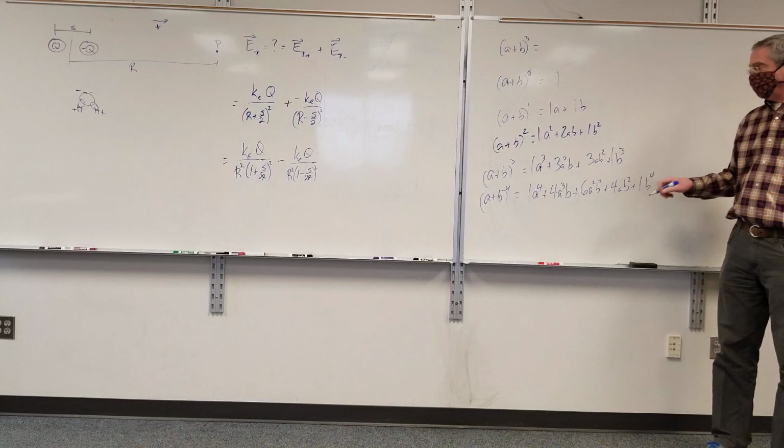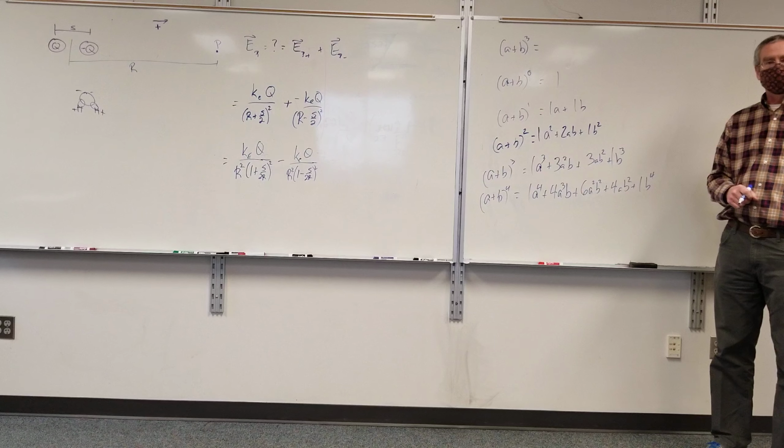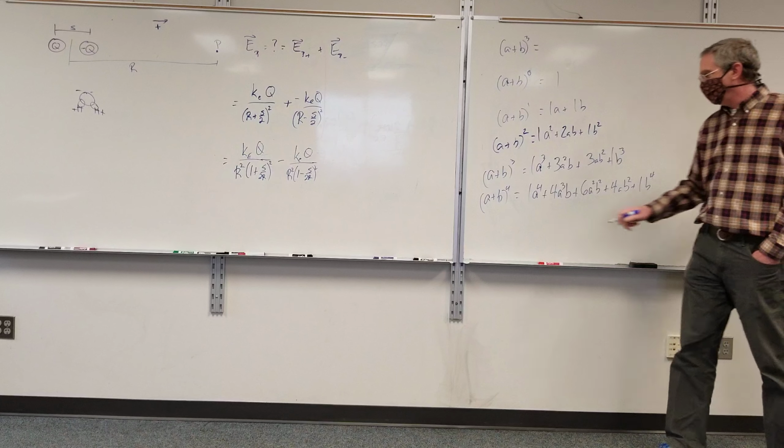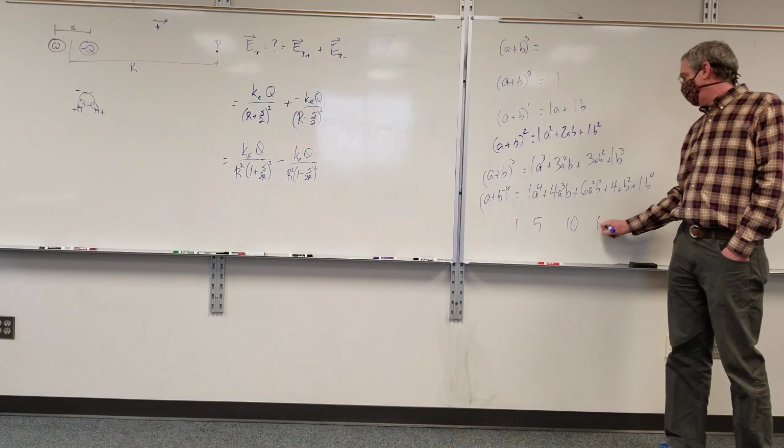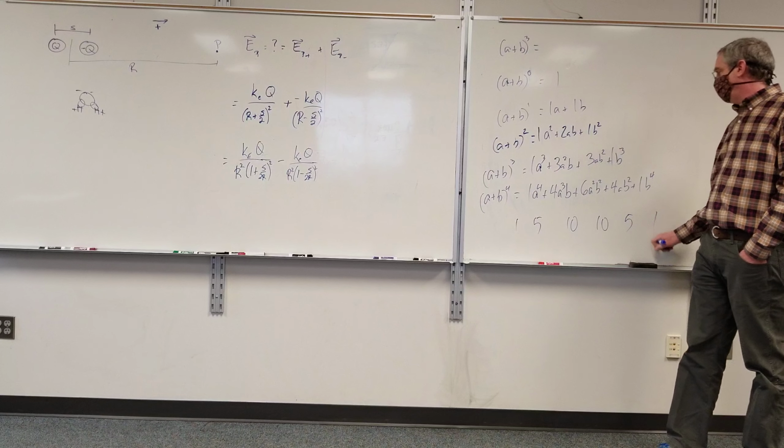What are the coefficients for the fifth power? Would it be 5 and 10? It would be 1, 5, 10, 10, 5, 1. What's the pattern?